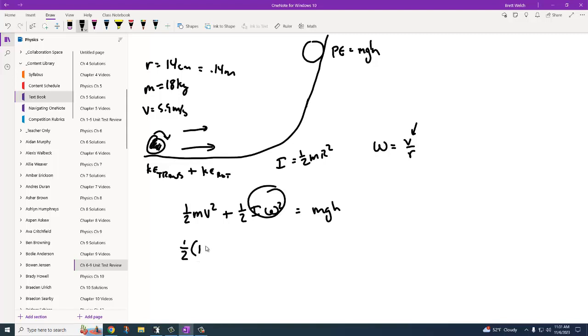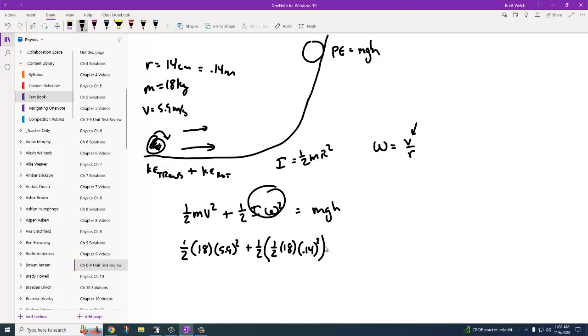The mass is 18 kilograms. Velocity is 5.9 squared. Plus 1/2 I. For I, I'm going to put 1/2 the mass of the object, which is 18, times its radius, 0.14 squared. So this is just the I right there, the 1/2 18 0.14 squared.